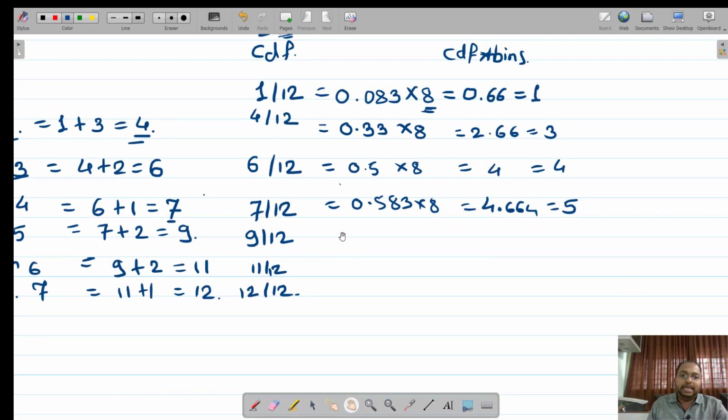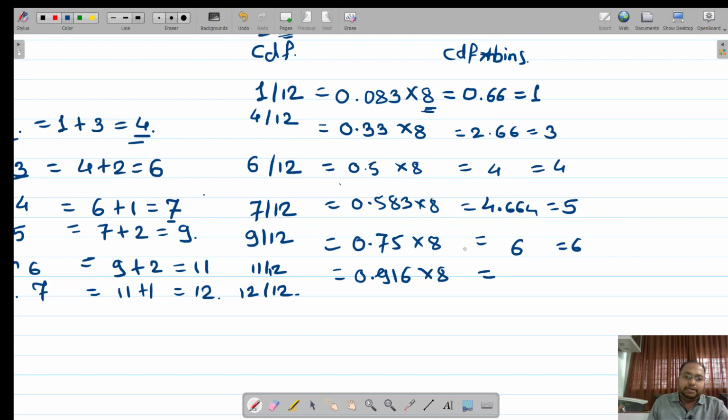So we round it off to the next digit, that is 5. Now let us find out 9 by 12. It is coming as 0.75, multiplied by 8 is 6, which is already a rounded value. So 11 by 12 is coming as 0.916, multiplied by 8, let us find out.